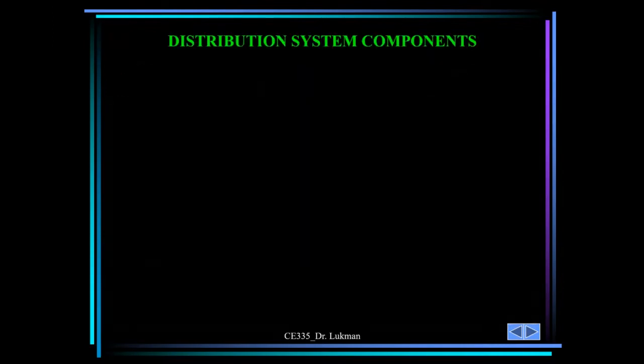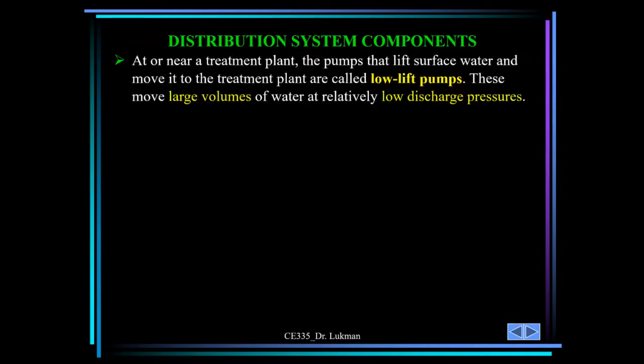Now, distribution system components. At or near the treatment plant, the pumps that lift surface water and move it to the treatment plant are called low lift pumps. This we explained before in chapter 1. The pumps that lift surface water from rivers, streams, or lakes and move it to the treatment plant are called low lift pumps.